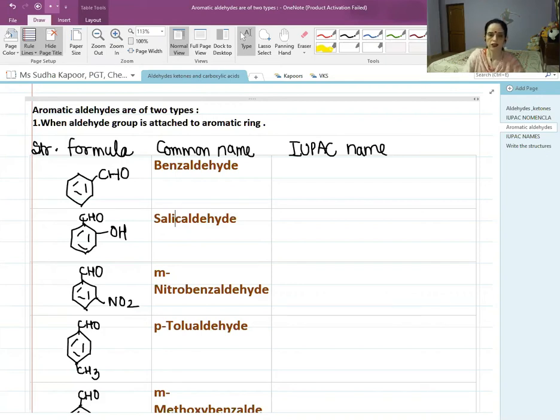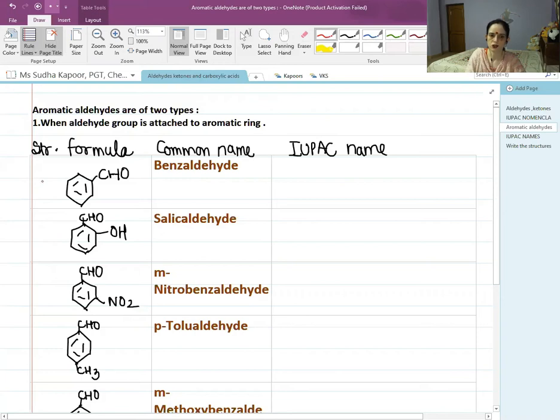So the first one, we come to benzaldehyde. The CHO is directly attached on the ring. The CHO is lying outside the cyclic part, so we will be calling it benzene carbaldehyde. But benzaldehyde is a well accepted one.